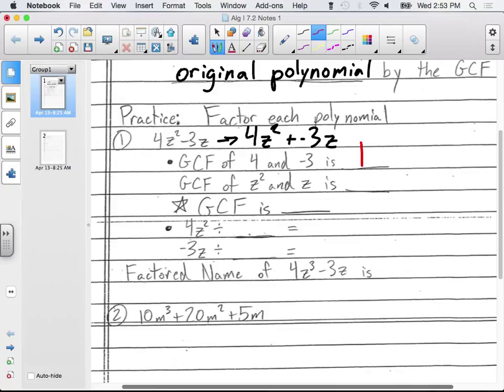Z. So the greatest common factor is z. Factors are numbers that we multiply by, right? So we multiply these two together, 1 times z. So what is our greatest common factor of the entire polynomial? Just z.